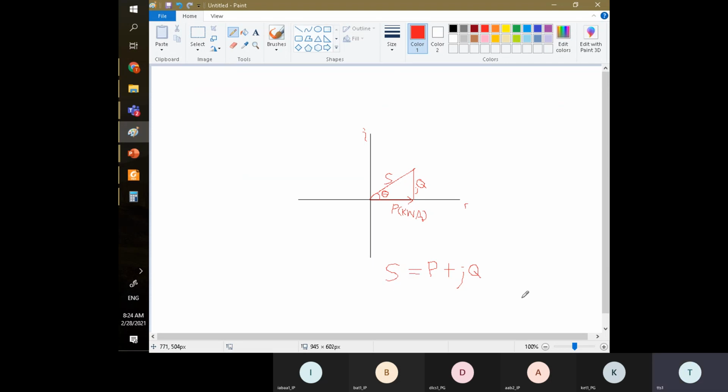Okay, so S, just now you know that what is supplied by the TMB is kVA, right? And P is kilowatt.